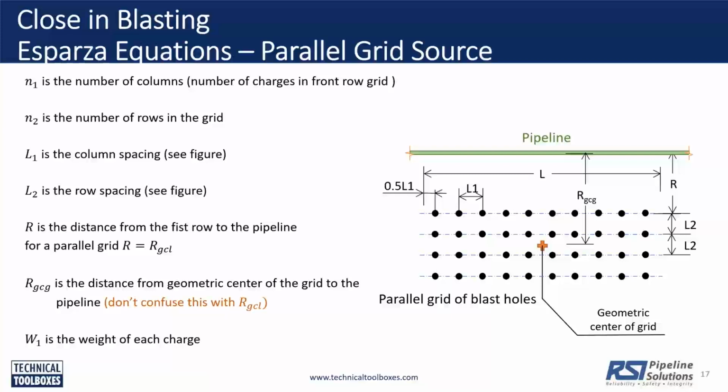And again, the slide shows different parameters that are used to define the geometry. There is a methodology that was developed by Esparza that allows you to analyze a situation like this as well.